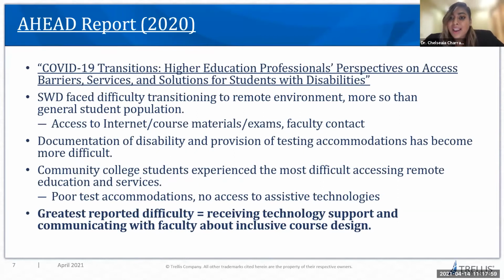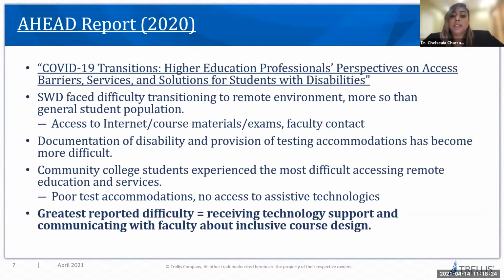So how are we accounting for these people? How are we helping them? How are we supporting them? This report is very important because it notes the professionals' perspectives on access and barriers and what students with disabilities face as they're transitioning into distance education learning.